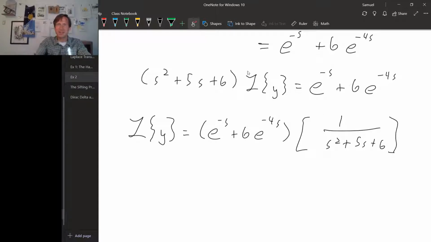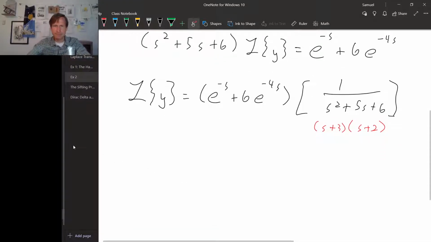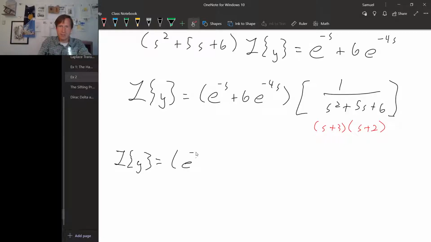And I'm going to do it this way because this denominator factors, so we're going to have to do partial fractions here. So this is s plus 3 times s plus 2 in the denominator. So we get Laplace transform of y is e to the minus s plus 6e to the minus 4s times, so we're going to do partial fractions here.